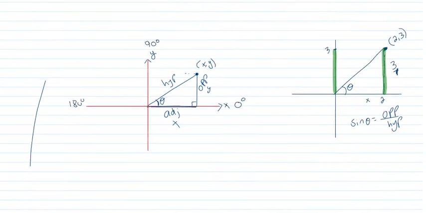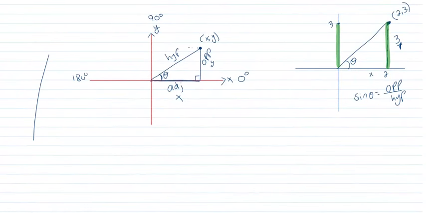Now, if I want to do sine, it's going to be opposite, which is y, over the hypotenuse, which in this case I'm going to call r. R, yep. Which is the radius of a circle. We're just going to leave the formula for now.